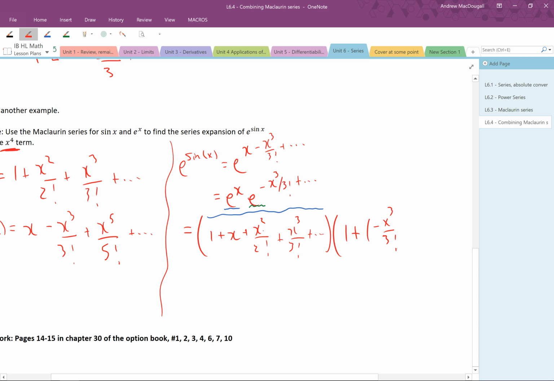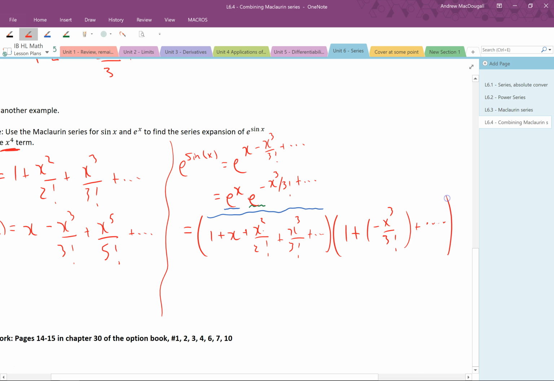And I know I can't use a higher term because that's going to give me something more than an x to the 4 term. Because if I was to plug in another term, I would take negative x cubed over 3 factorial and square it. I would get x to the 6th over 3 factorial squared, divided by 2 factorial, which I don't need, since I don't need x to the 6 terms.